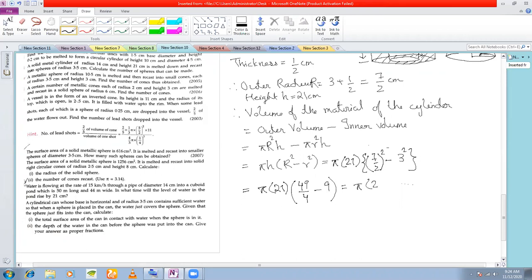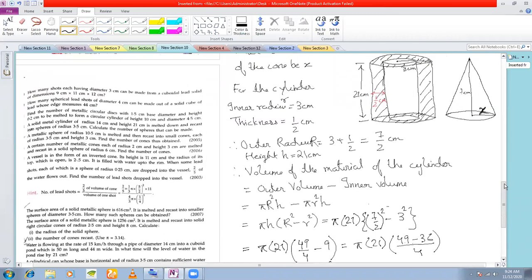You can take the LCM: 49 minus 36 divided by 4. 49 minus 36 is 13. So this comes to 21 into 13 by 4 pi centimeter cube. This is the volume of the material with which the cylinder is made.